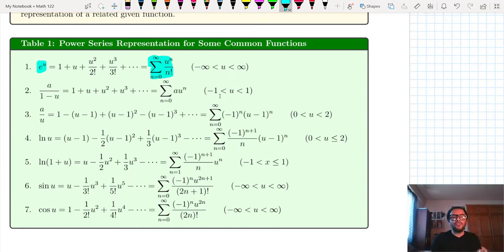And in this case, we need a more general way to represent that. So that's why I'm using the letter u. And on top of that, these inequalities in parentheses right here tell us the interval of convergence.